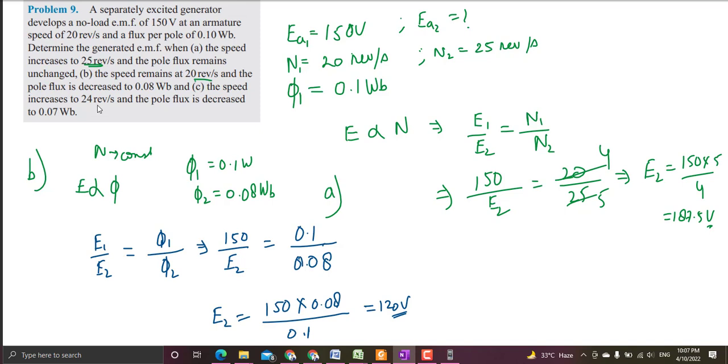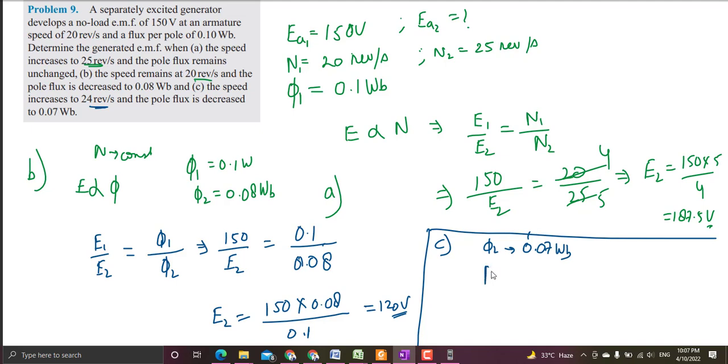Now speed is also increasing to 24 revolution per second, and the flux is decreased to 0.07. So now both are changing here in part C. Phi 2 here is changed to 0.07 Weber, and N2 here is changed to 24 revolution per second.